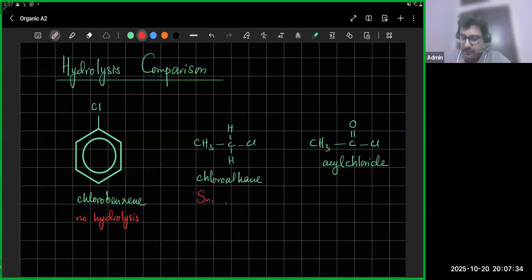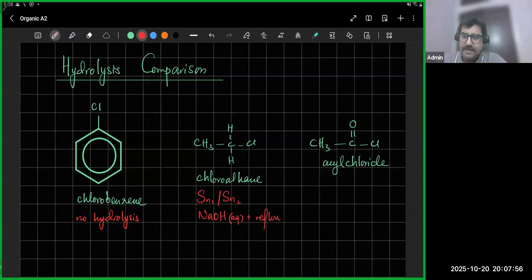So they did react, not specifically with water, they reacted with NaOH aqueous, plus you had to do reflux. So you can say you have a moderate reaction.